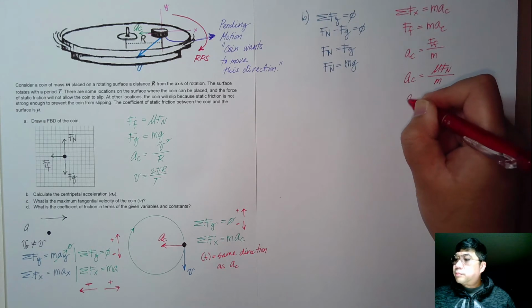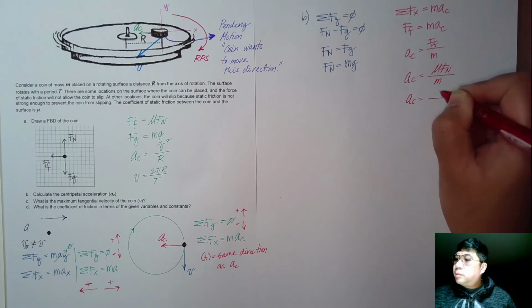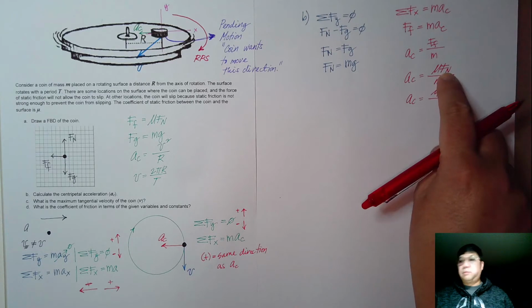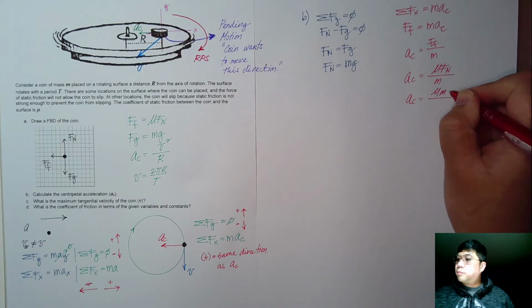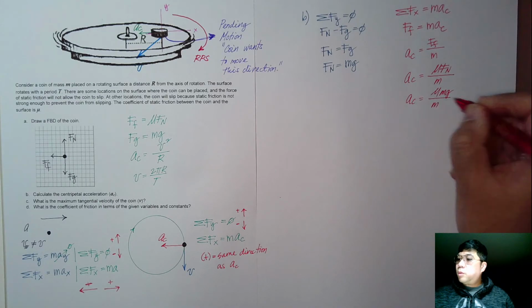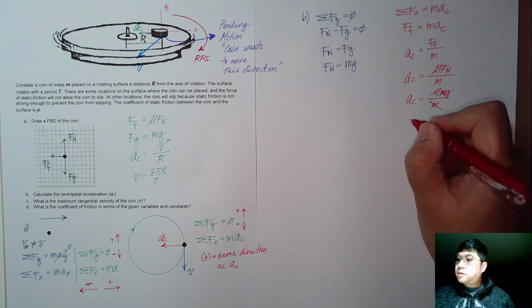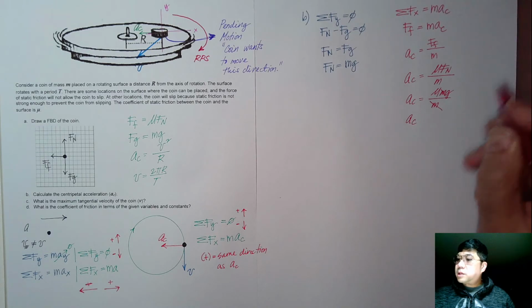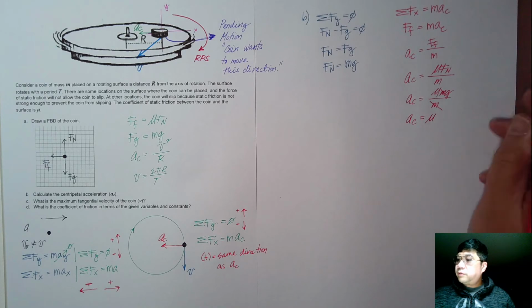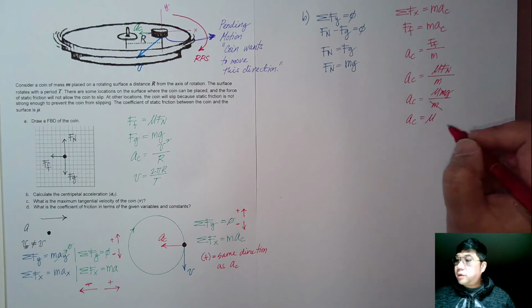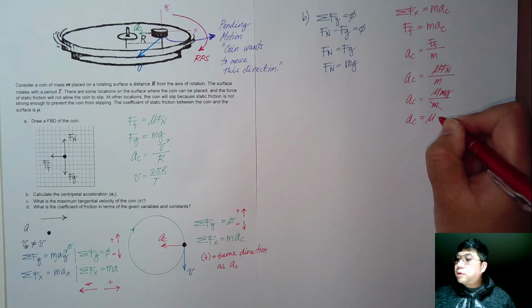Going further, mu Fn is simply equivalent to mu mg divided by m, which cancels out our mass. So therefore, our centripetal acceleration is simply equivalent to the coefficient of friction multiplied by the acceleration due to gravity.